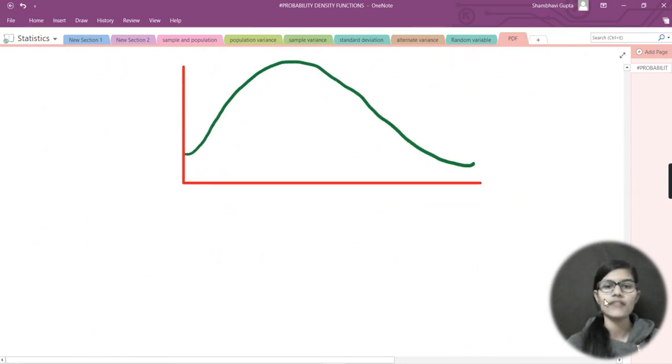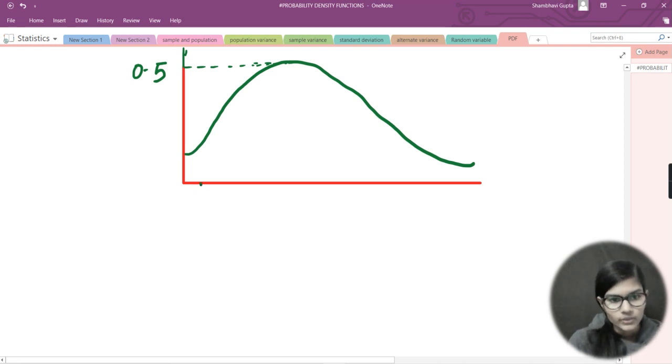Now let me define the things here only. Let's say this peak value is 0.5. And now here I'm going to define the points. Let's say this is 1, and just take this one a little bit this side.